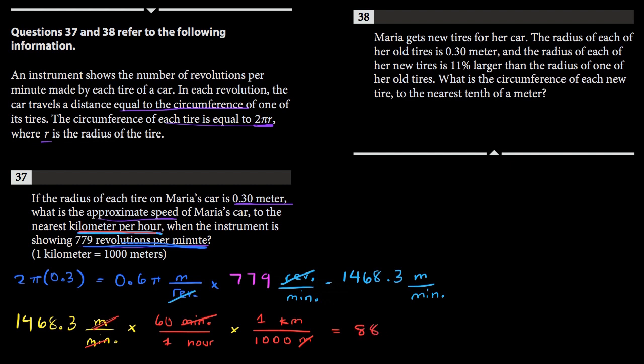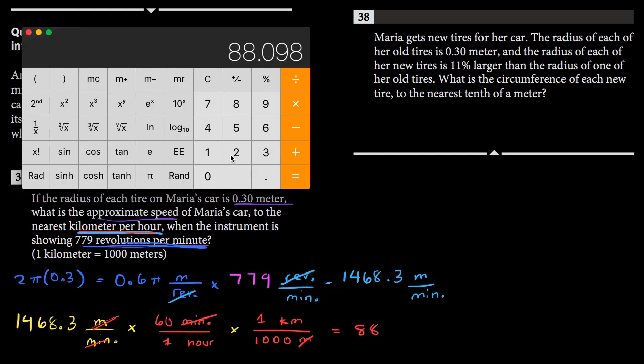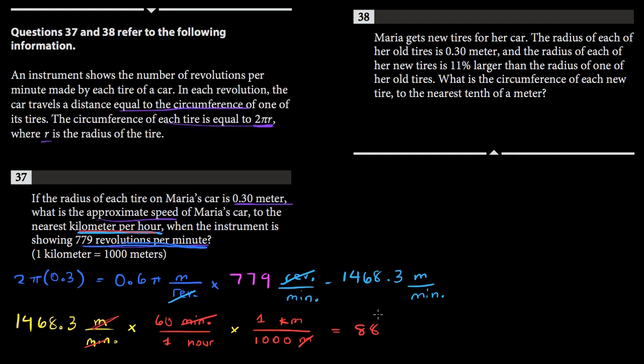They want us to the nearest kilometer, and so that's going to be 88 kilometers per hour. Our answer is 88.